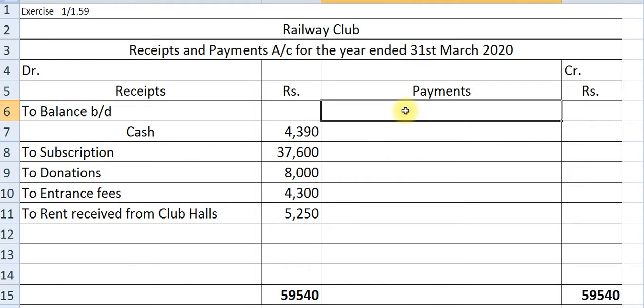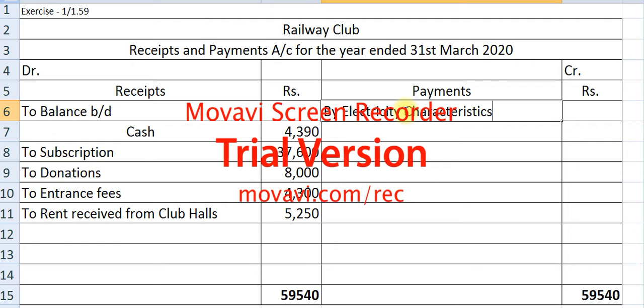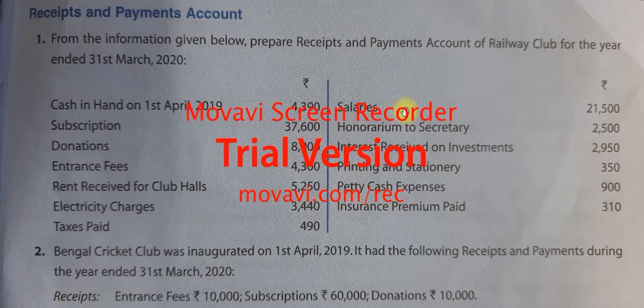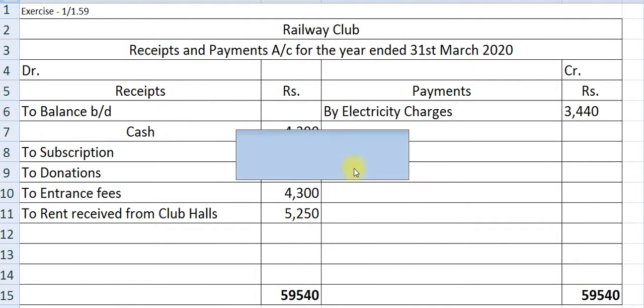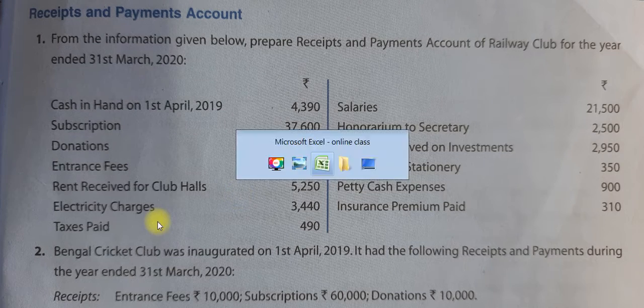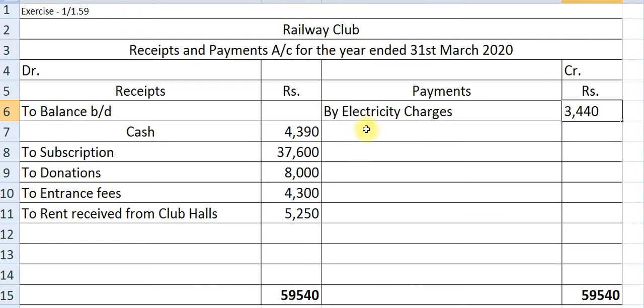So we'll begin with by electricity charges. How much? 3,440. Next, taxes paid, payment.